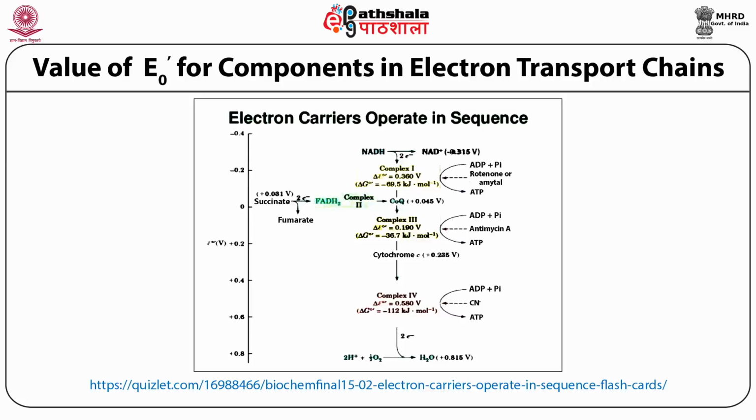Thus, standard reduction potential is that of the hydrogen electrode, which is assigned an arbitrary value of 0 volt, and under standard conditions at pH 7, near which most biological reactions occur, the potential of the hydrogen electrode is minus 0.42 volt. The symbol E0' designates electrode potential measured under these conditions.